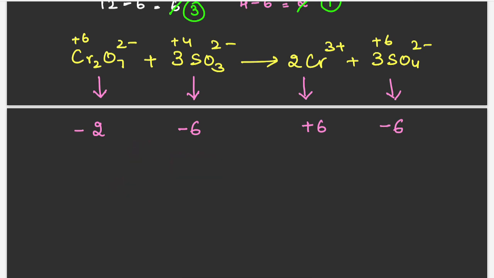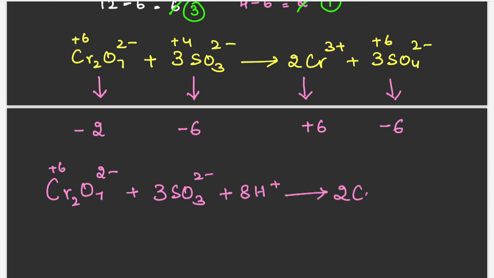So next step we will add Cr2O7 2 minus plus 3 times SO3 2 minus, add 8H plus ion now, giving 2 times Cr3 plus 3 times SO4 2 minus. So what we have done, we have added 8H plus ions.